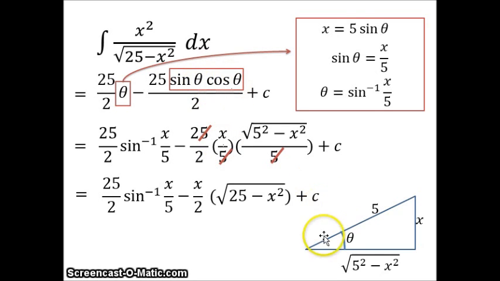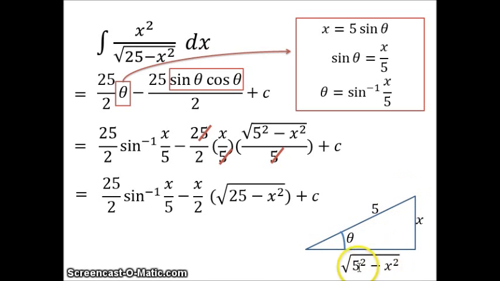You see, remember I said something about triangles. This is a right angle triangle. This is your theta. So your sine theta is your x over 5, which is your opposite over your hypotenuse. While cos theta would be your adjacent over your hypotenuse.